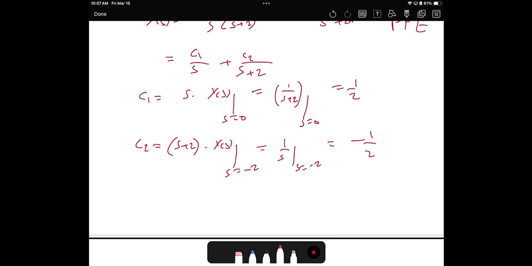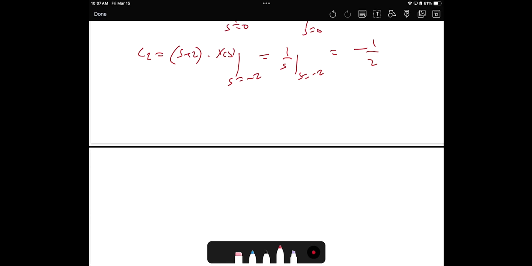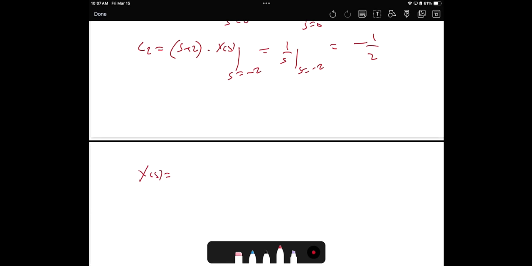As a result, y of s equals 1 half over s plus negative 1 half over s plus 2. Let's take 1 half as a factor. So y of s will be 1 half times 1 over s minus 1 over s plus 2.